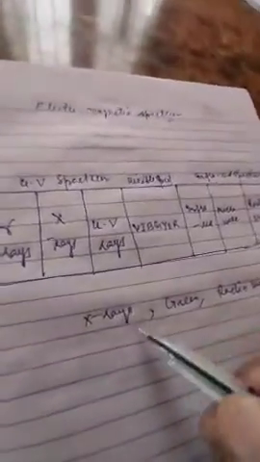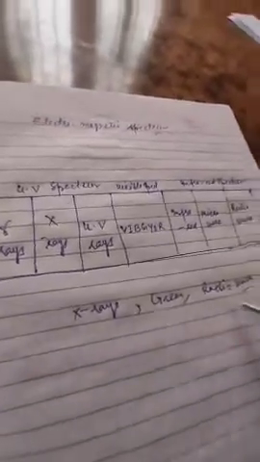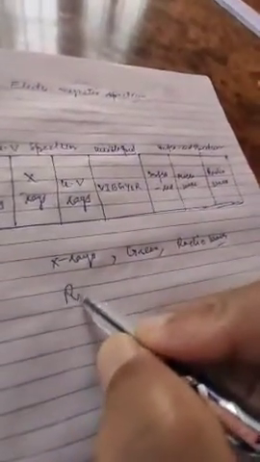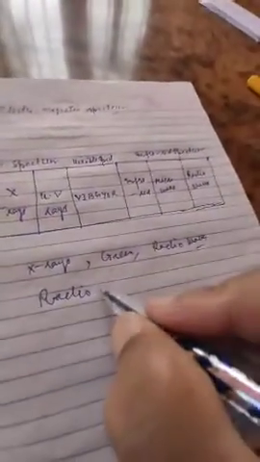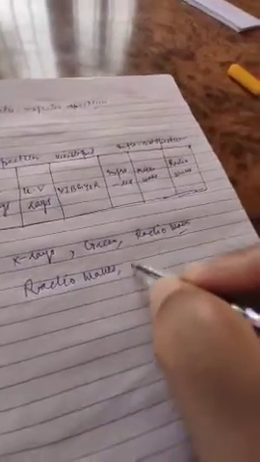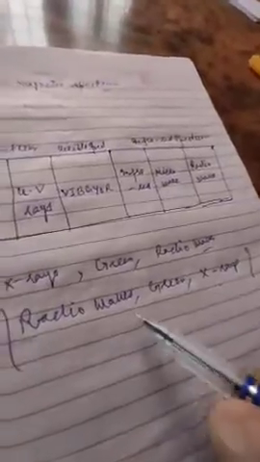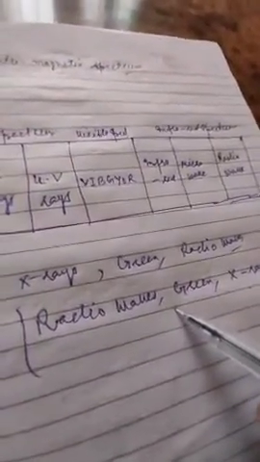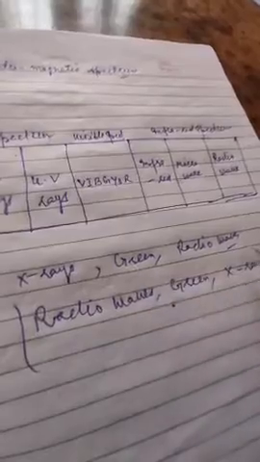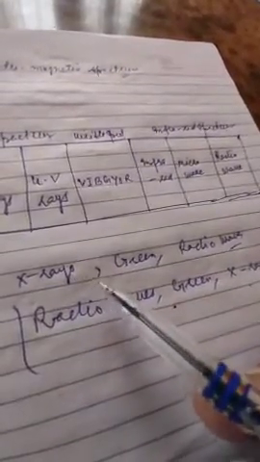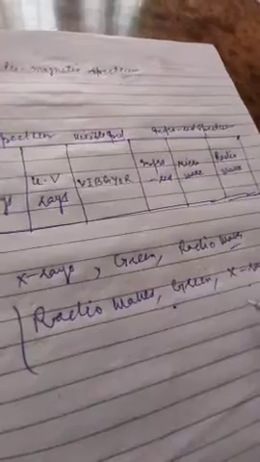So in increasing order of frequency you can write radio waves, then green color, then X-rays. Like that, the question can even be asked to arrange in decreasing or increasing wavelength. So you have to keep this in mind.